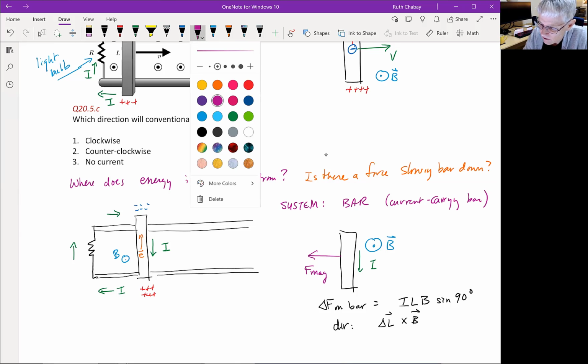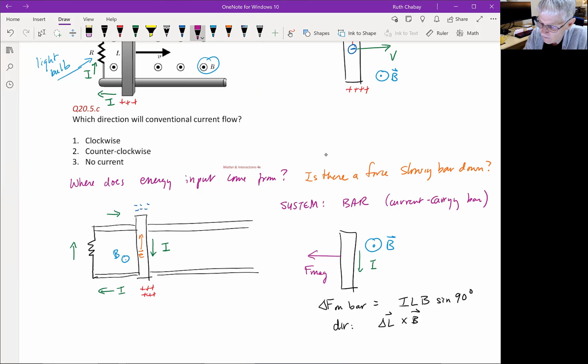So we'll add this to our diagram here, which is getting very busy, but we've got this magnetic force now on the bar. And that means that to keep the bar going, we need to exert an equal and opposite force by us to keep the bar going at constant speed.